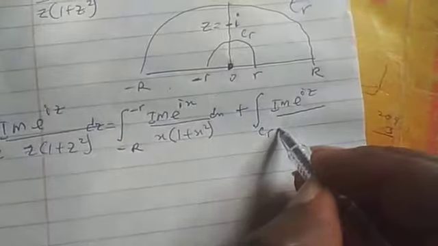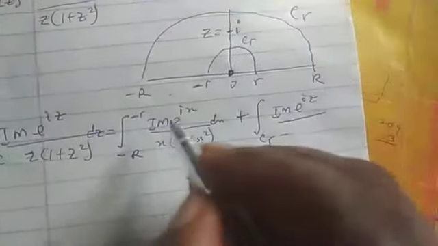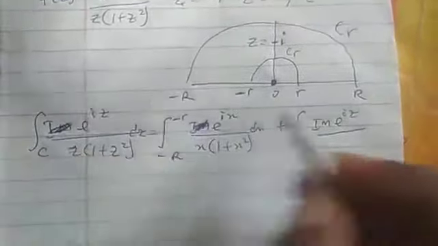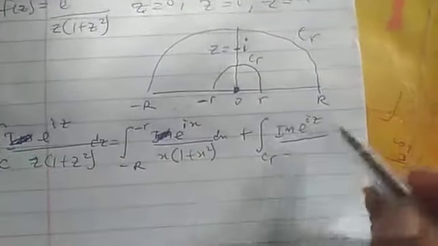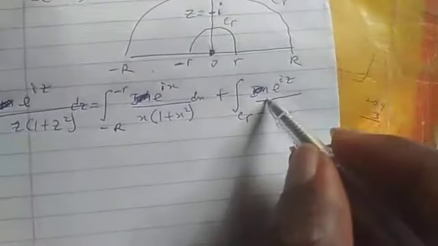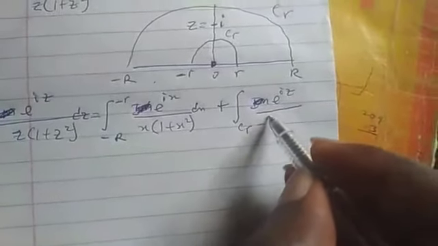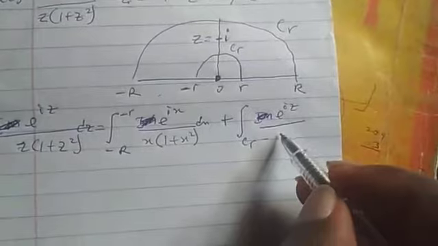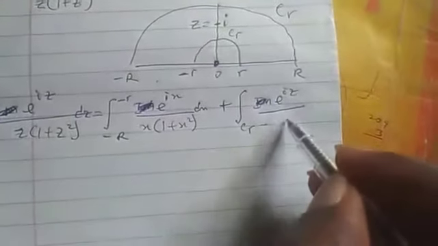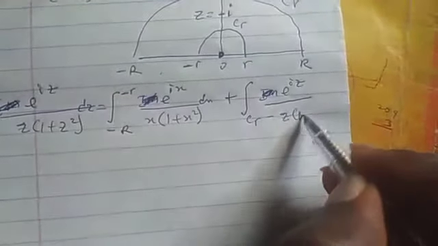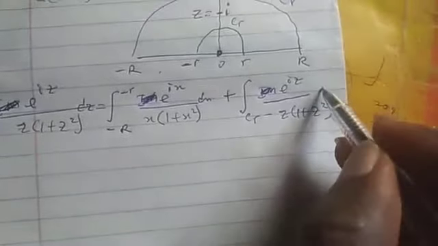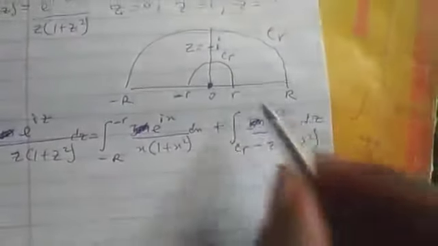Or let's just put exponential, let's forget about the imaginary part, let's just use exponential iz. So we have known that sine is imaginary, so let's put the ordinary exponential. Also this is z over 1 plus z squared dz.